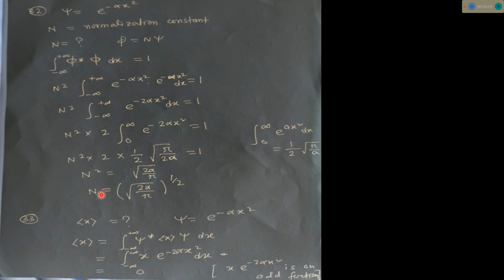So from these equations we will find, see here, minus infinity to plus infinity, e to the power minus 2 alpha x square. This e to the power minus 2 alpha x square is an even term. Since this is an even term, we can write this whole integration from minus infinity to plus infinity as 2 into 0 to infinity, dx.